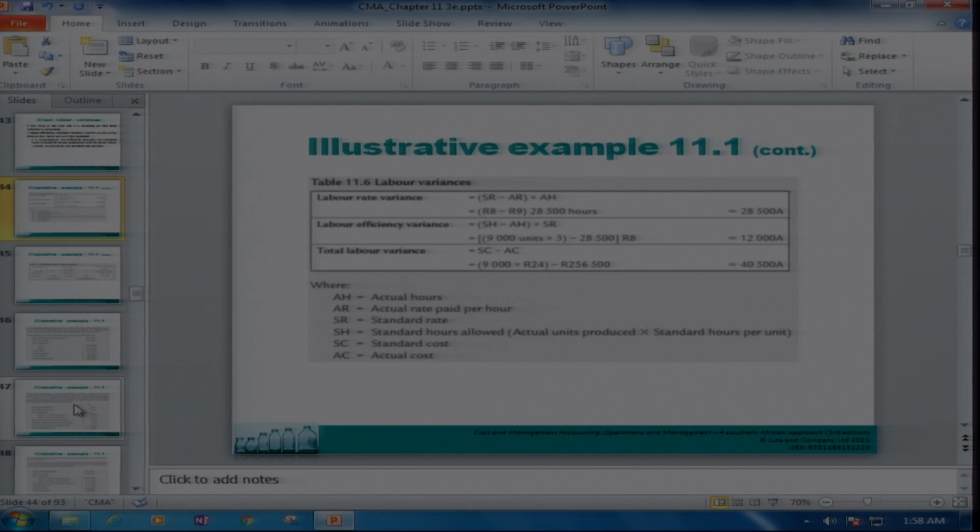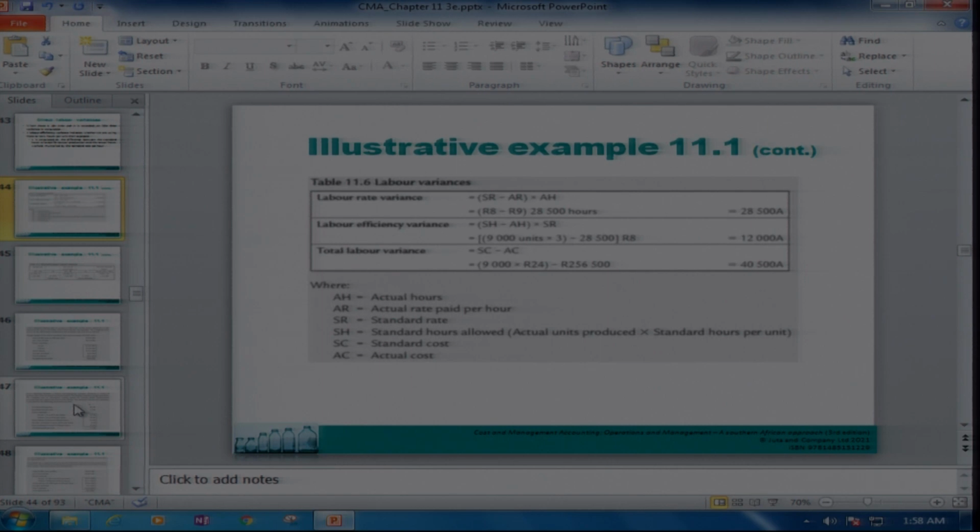The formula for the labor rate variance will be the standard rate minus actual rate multiplied by the actual hours. That is the SR minus the AR multiplied by the AH. So the standard rate, remember, is the rate that was budgeted to be paid by the company per hour that the employees are working.